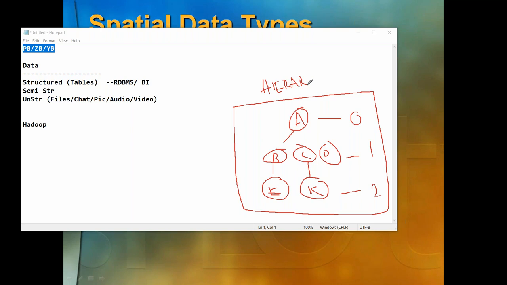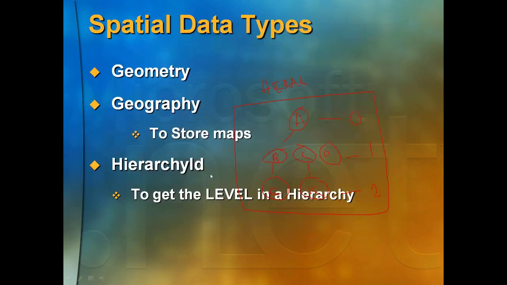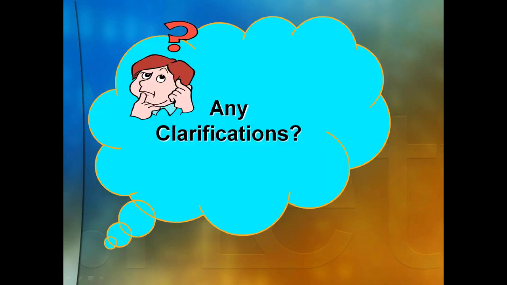All this data is called hierarchical data. I want to know who's the grandfather in this family, who are the bottom level people in this family. To maintain that, I have to create this kind of structure and perform data analytics like this. For that purpose, we use hierarchy ID to get the level in the hierarchy. Clear? So these are the data types we have.